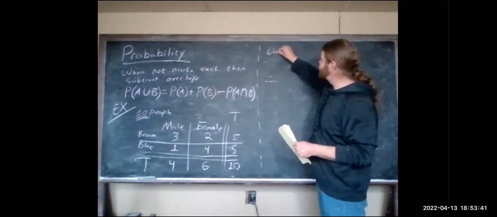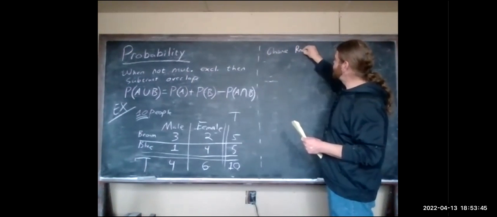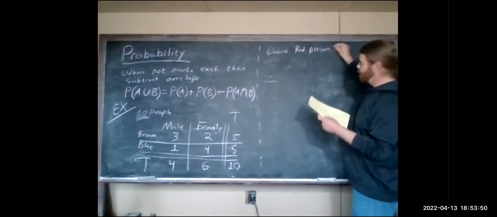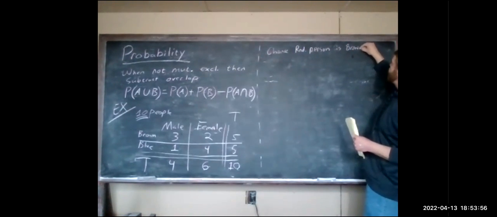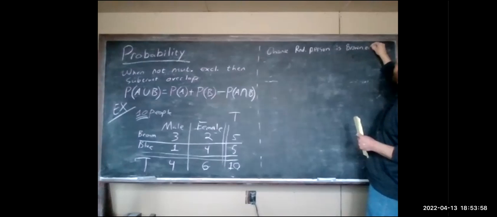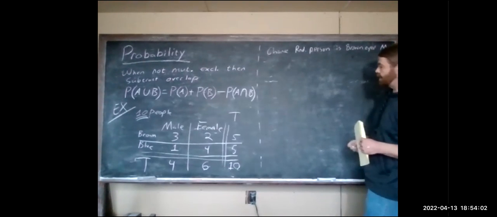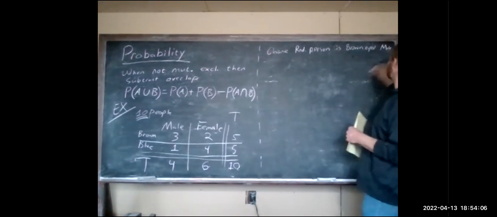So things like the chance a random person is a brown-eyed man, or male. I put male in the chart, so I'll put that in the question.